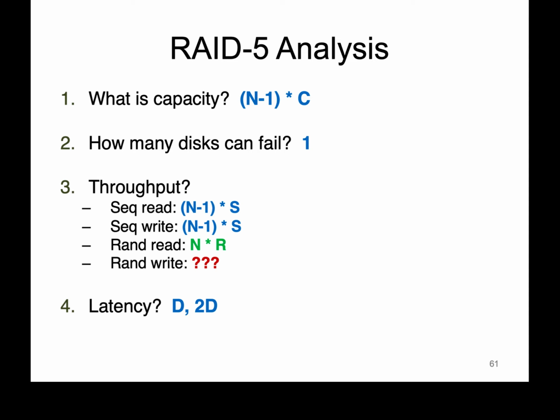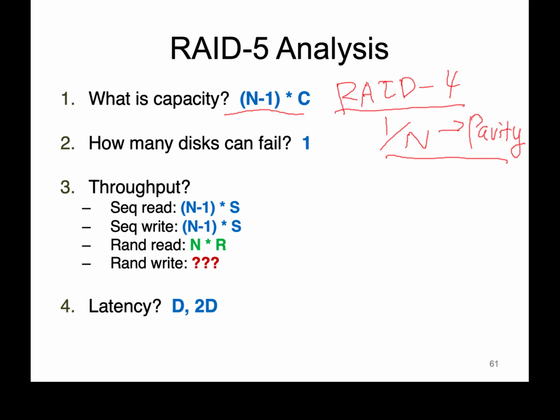Again, the capacity is exactly the same as RAID 4, because in theory it effectively uses 1/nth of the aggregated capacity for storing parity. So this is why we have n minus 1 times C.